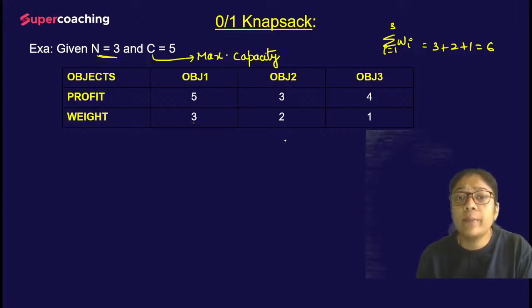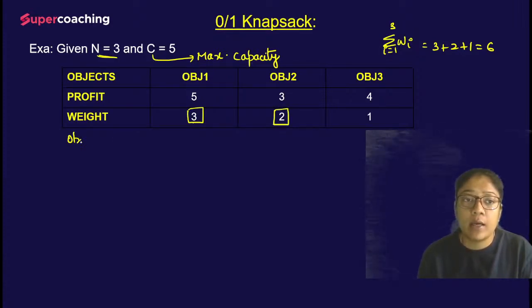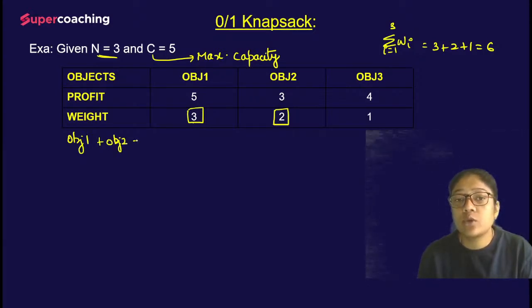So when will we get the maximum profit? Is it by taking, if you look at the weights, 3 plus 2? If I take object 1 and object 2, this is going to give you a profit of 5 plus 3.